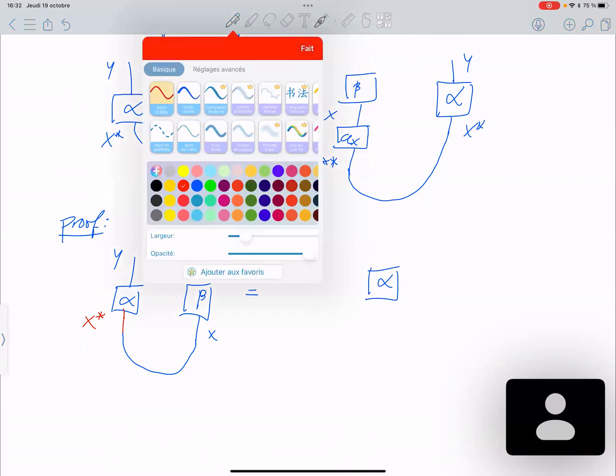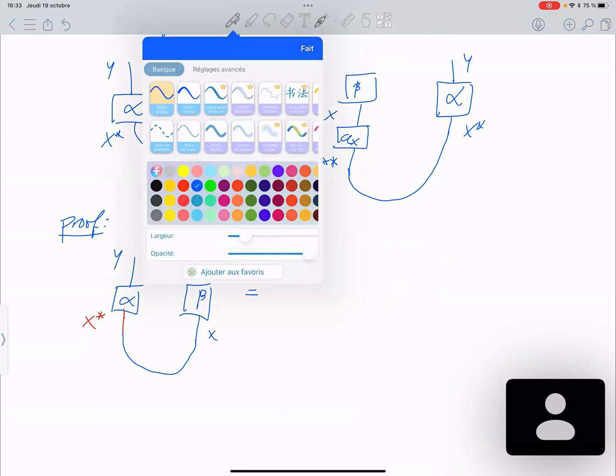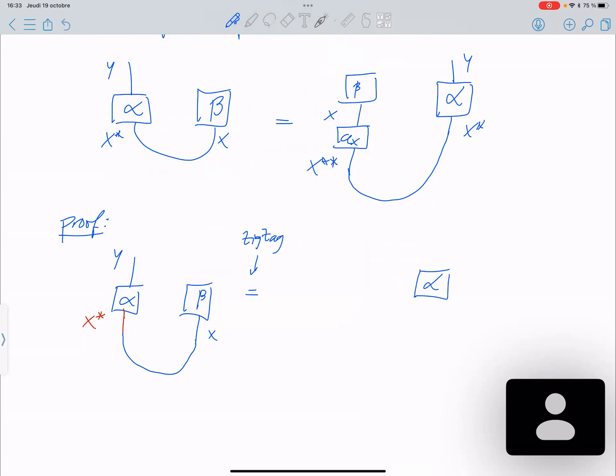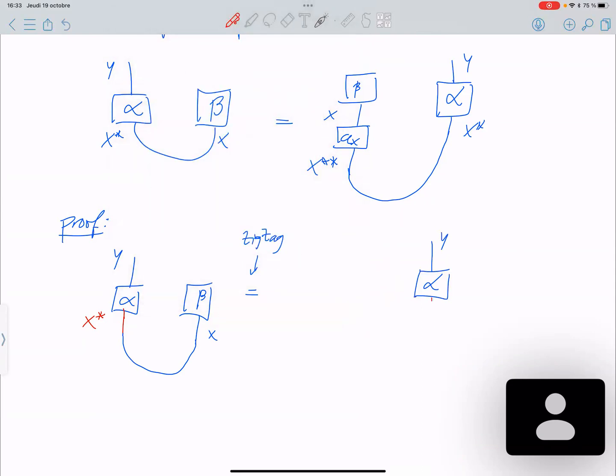Zigzag. A zigzag. And then you continue. We'll need more space here. Alpha, you have Y. So zigzag, like that, that's okay. And here I need more space to draw the rest.